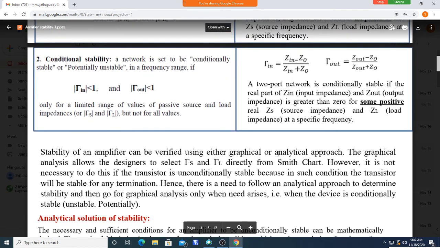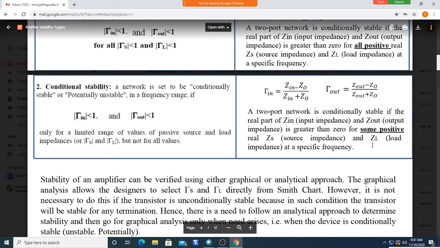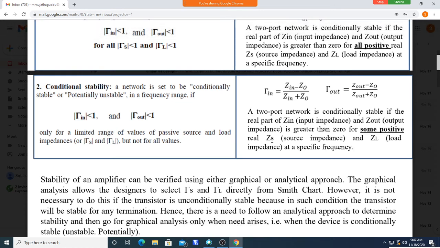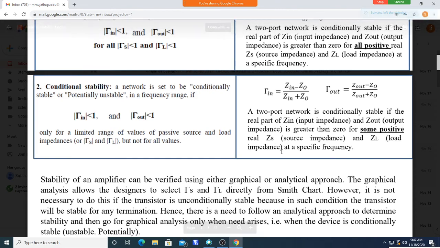You should go for the graphical method, because we should find out what values of Zs and Zl we should choose to keep the transistor in the stable state, because we cannot operate in the unstable condition. You choose particular values of Zs and Zl such that for those values the magnitudes of gamma in and gamma out are lesser than 1. Because unconditional stability means we can take any value of the impedance.